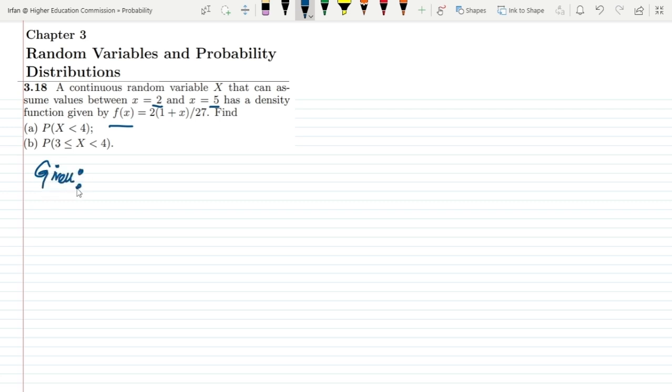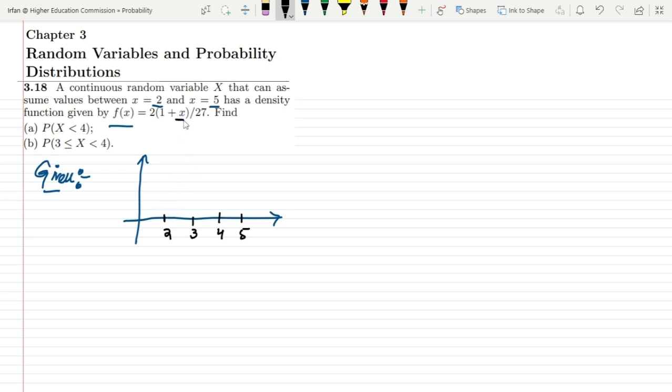In writing the given data, let me plot it here. Visualizing it will give you a conceptual overview of this question. The values on the x-axis start from 2. This is 3, this is 4, and this is 5, and all of these values have f of x equal to 2 times (1 plus x) divided by 27.